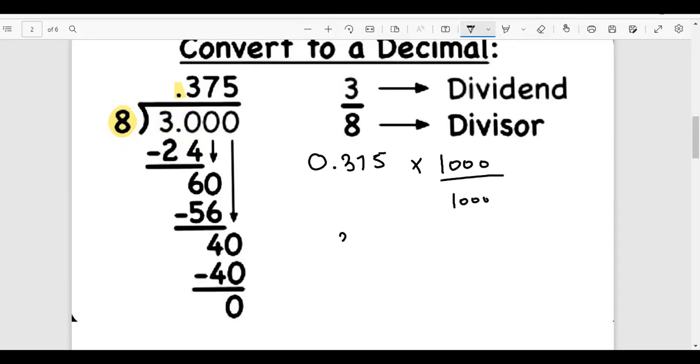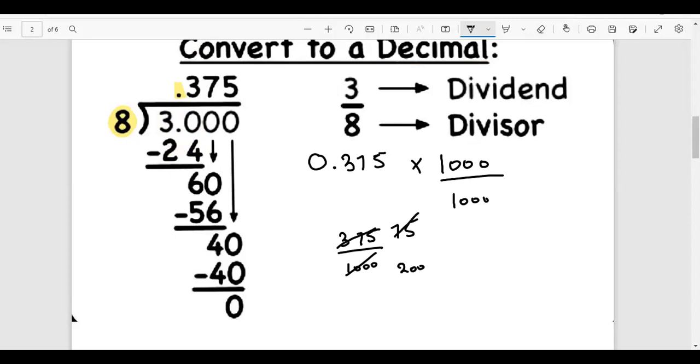So it would become 375 divided by 1000. Now I know both the numerator and the denominator are divisible by 5. So the numerator would become 75 and the denominator would be divided by 5 as well. So it would become 200.